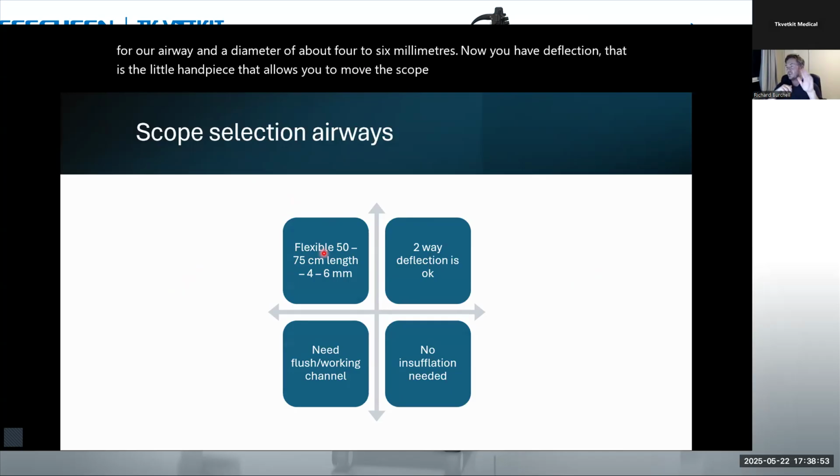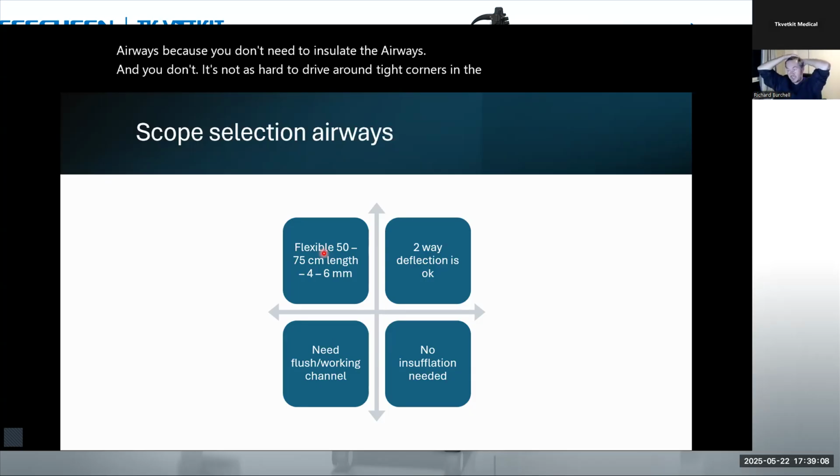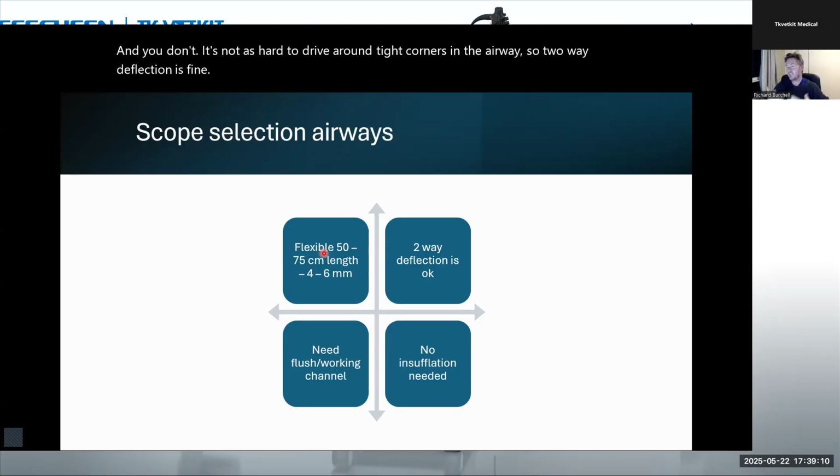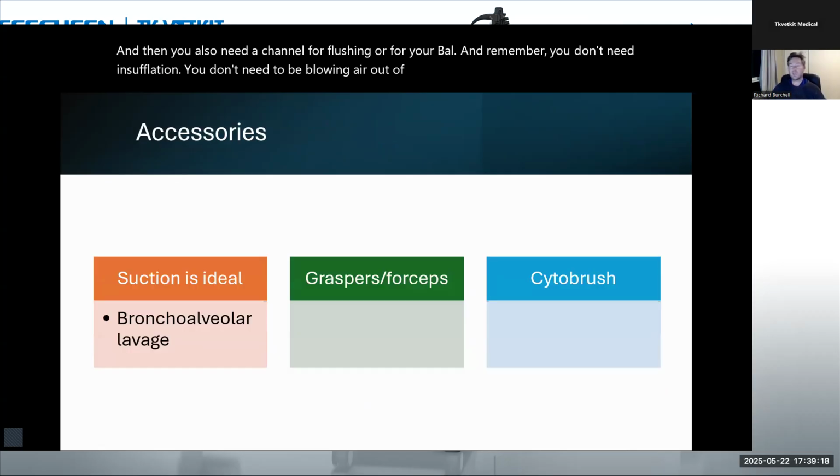And you have scopes that can move in 4 directions and 2 directions. 2-directional movement is fine for airways, because you don't need to insufflate the airways, and it's not as hard to drive around tight corners in the airways. So 2-way deflection is fine. And then you also need a channel for flushing or for your BAL. And remember, you don't need insufflation. You don't need to be blowing air out of the scope because the airways are open.